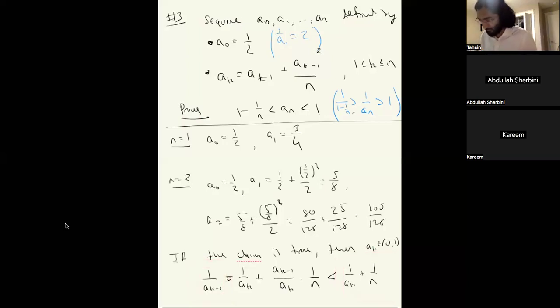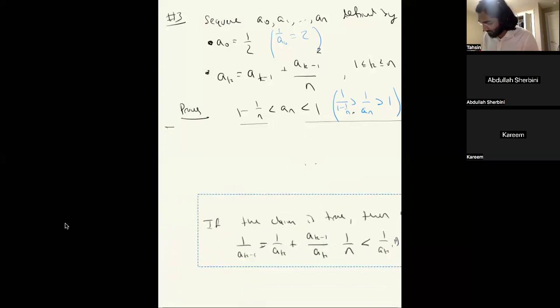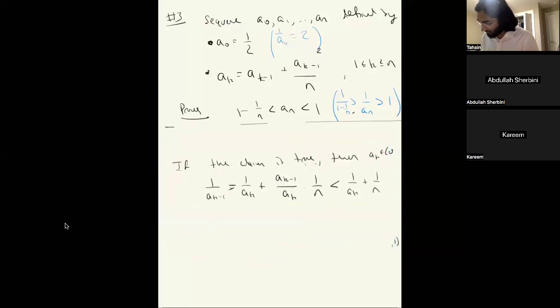So 1 over ak is greater than 1 over ak minus 1 minus 1 over n.